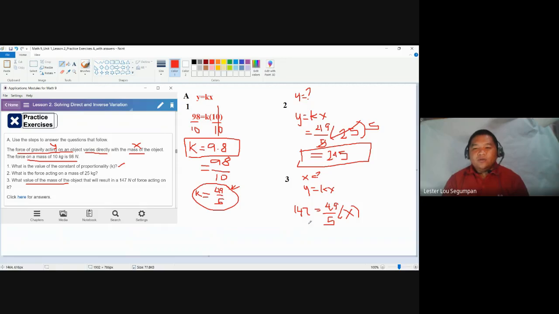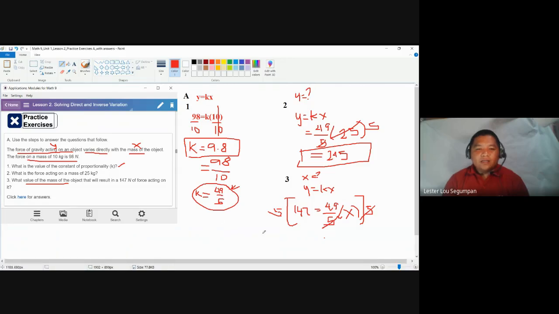So what we need to do here, again, I don't have any calculator here, is multiply 5 on both sides. So what is 147 times 5? You have 735 is equal to 49x. And divide by 49 on both sides.